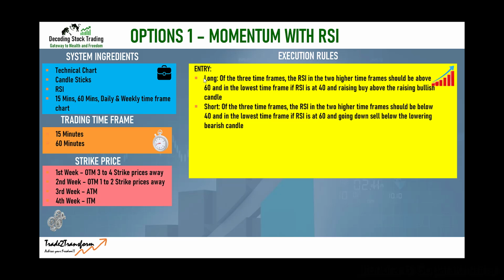Shorting will be, if it is going down, that means in the underlying you would short. Here you will not sell a call, but you will buy a put. Buying a put means the underlying is going down, we already explained that. Buying a call means the underlying goes up.